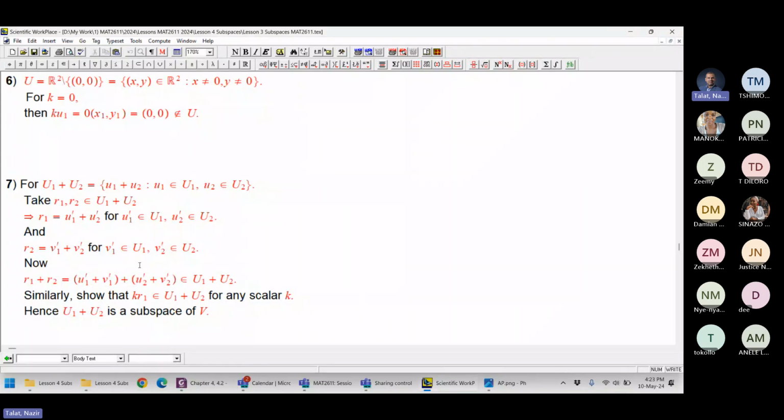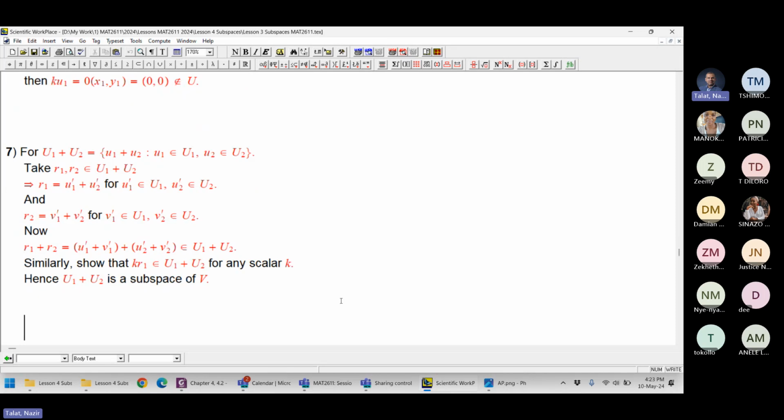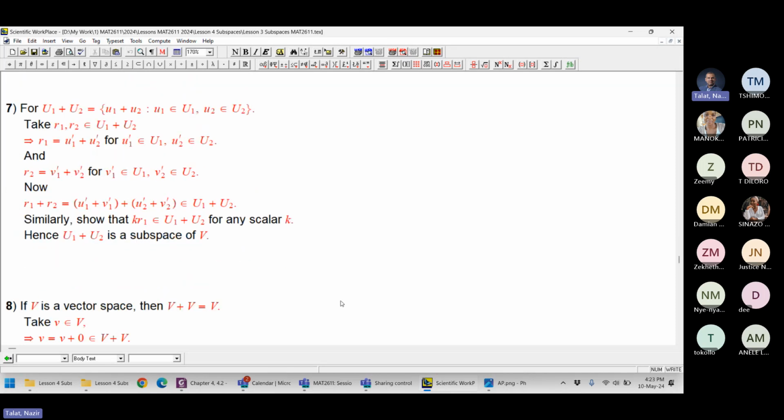So R1 plus R2 belongs to U1 plus U2. Similarly, one can show that k times R1 also belongs to U1 plus U2. And moreover, the intersection of two subspaces is a subspace. So these kinds of results about subspaces are useful.